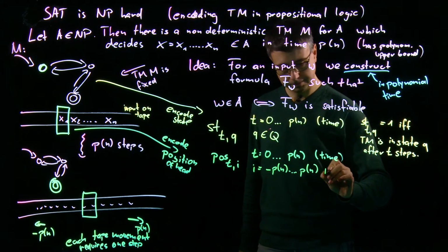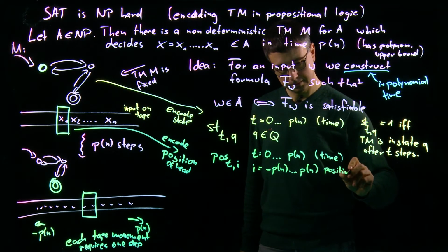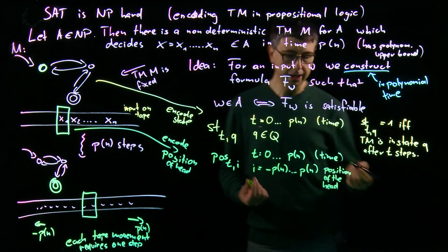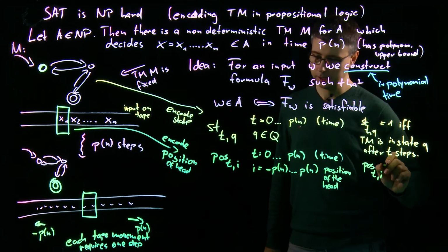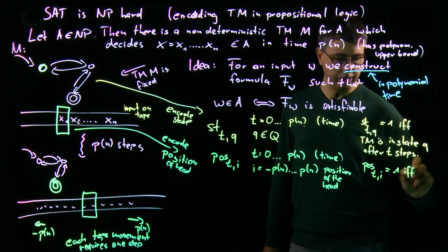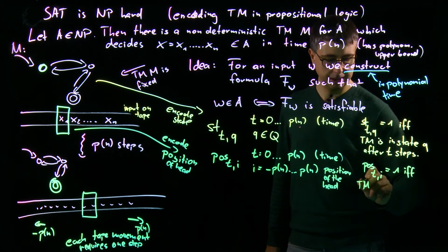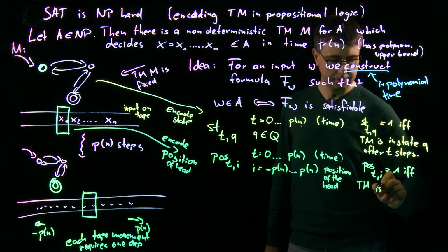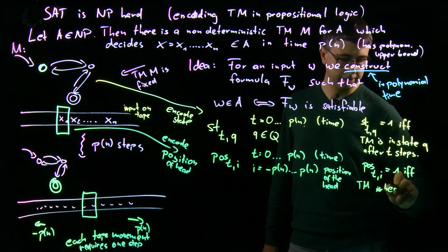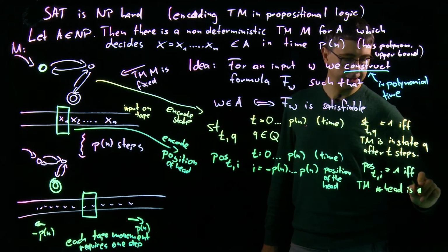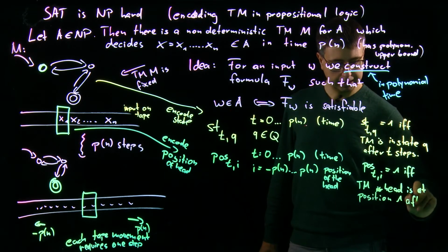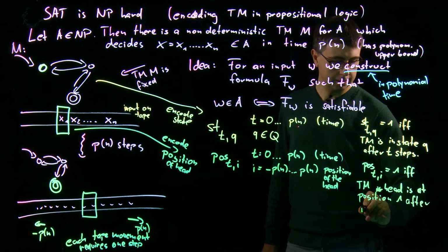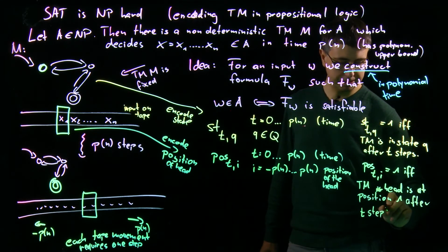And here the idea is that pos, the variable for t and I, is true if and only if the Turing machine head is at position I after t steps.